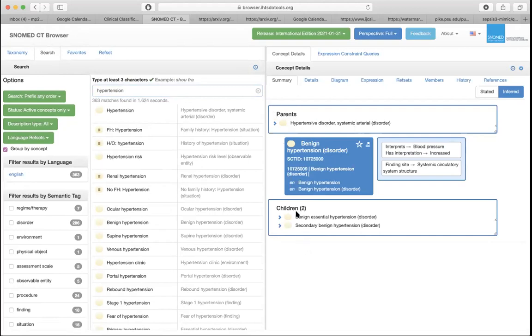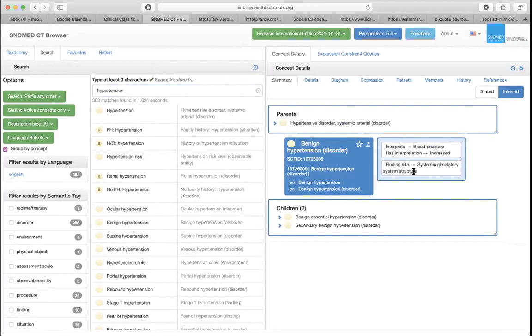Parent and children are the same type of concept as what we've seen in the ICD-9 hierarchy or the CCS hierarchy. But there should be a bit more. Yeah, here, finding site. Finding site is another relationship. Finding site is where this specific problem, benign hypertension in our case, is found. Benign hypertension is usually found in the systemic circulatory system structure.